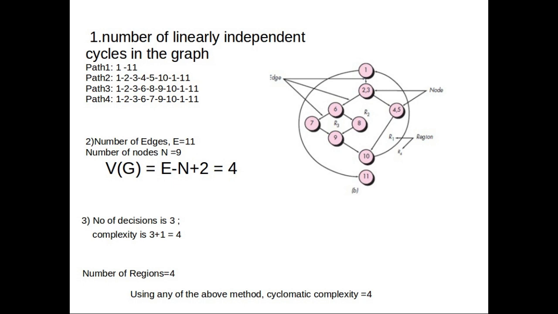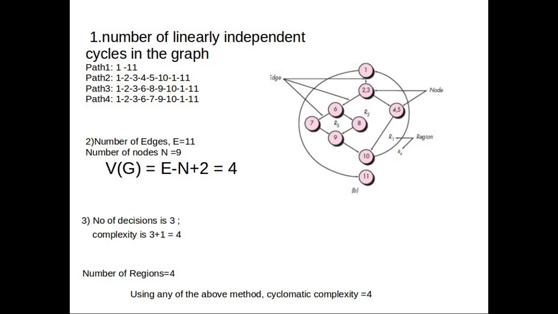Cyclomatic complexity has a foundation in graph theory and provides us with an extremely useful software metric. Complexity is computed in different ways. The number of paths here is 4, so we can say complexity is 4.